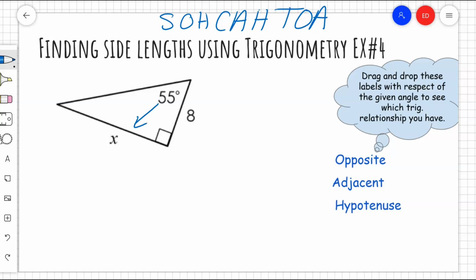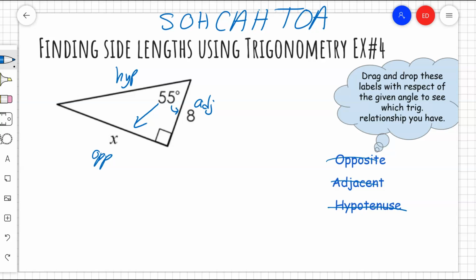So here's our side adjacent. This is the hypotenuse, easiest one to identify, and then if that's the hypotenuse and that's the adjacent, this is the opposite. If you label that incorrectly, you will end up with the incorrect answer, so make sure you are able to label all of those sides.